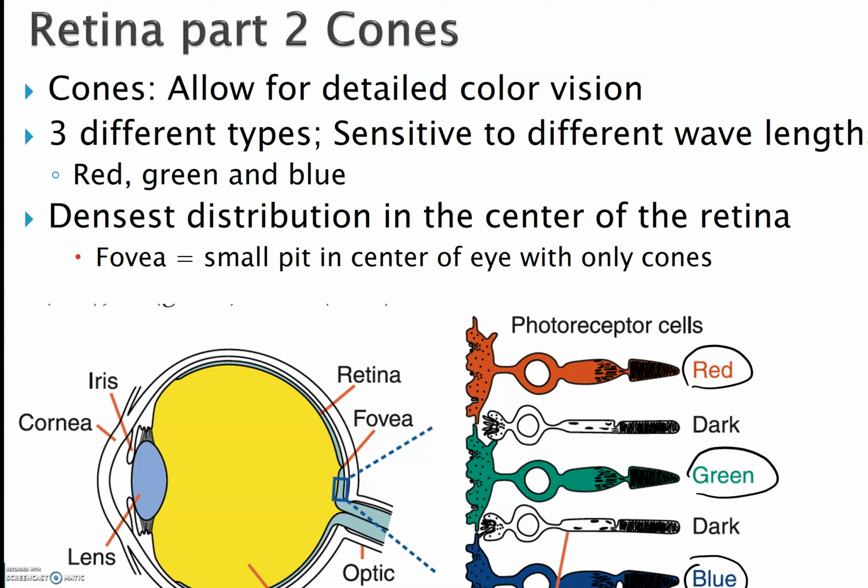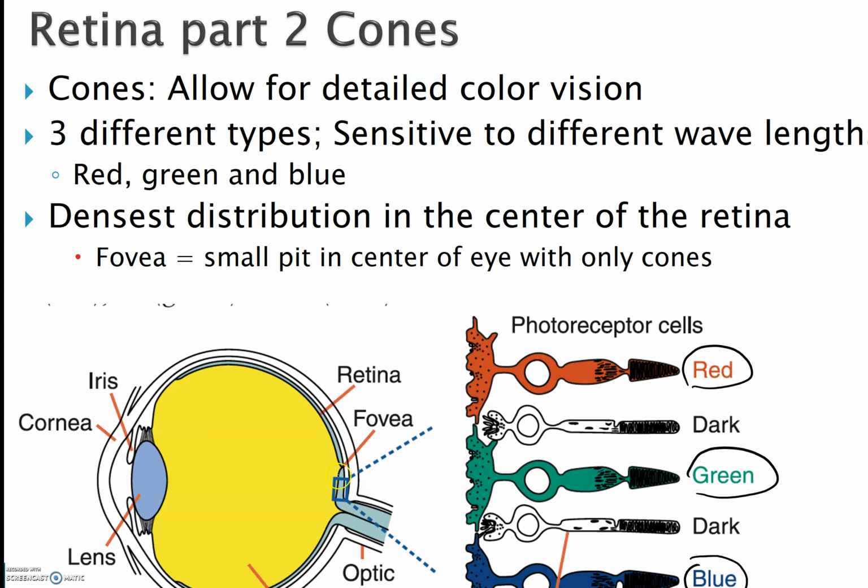What happens when you see colors in between is the green and the blue cones are both excited, one is excited a little bit more, and you see that as a purple. Or yellow and orange: the green and the red are both excited, one is excited a little bit more. So cones let you see different colors, and they're sensitive to different wavelengths.